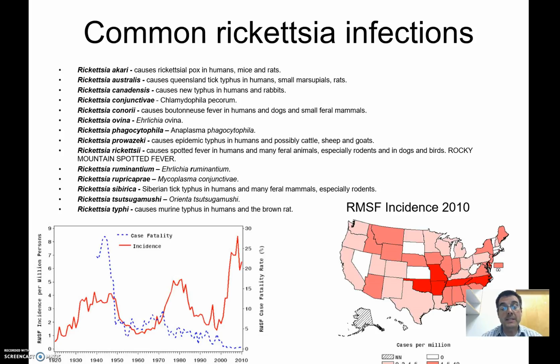It's transmitted by ticks. And what's interesting about Rocky Mountain spotted fever, because of its name, one would think that most of the infections would be occurring within the Rocky Mountains. But in reality, it happens more in central United States, as well as in North Carolina, as well as in Tennessee, in the mountains in those areas, where we do see a higher incidence in those states than we do in the Rocky Mountain area.